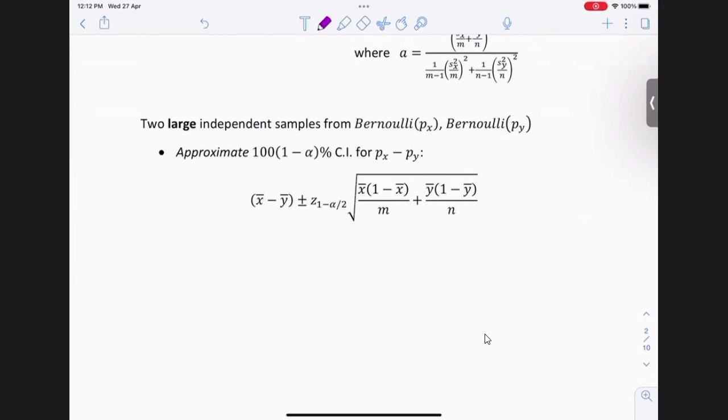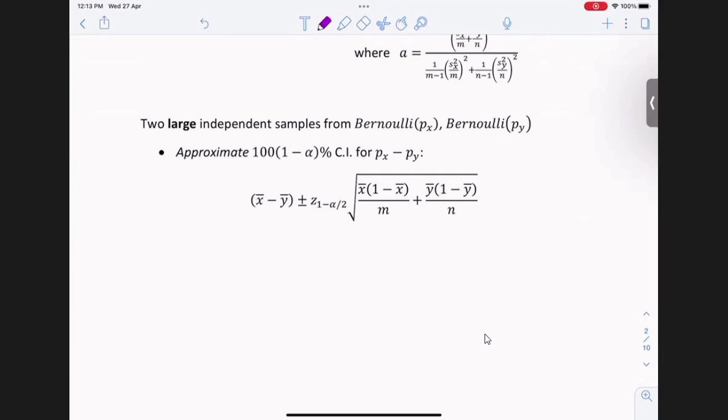So these are the commonly used confidence interval formulas that you have learned so far. Any questions? The crucial point is that you need to identify for a particular problem which formula you should use, and then use that to do the calculation.